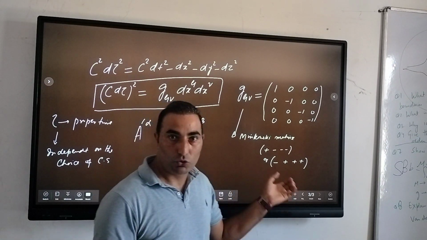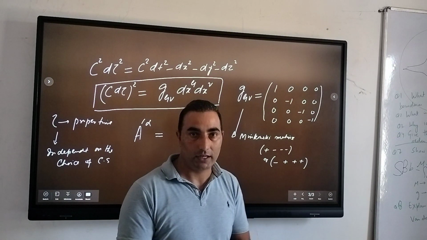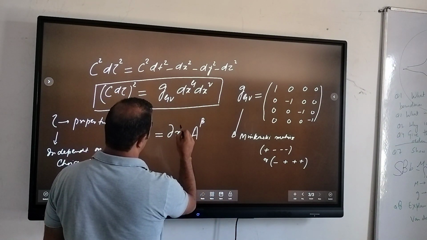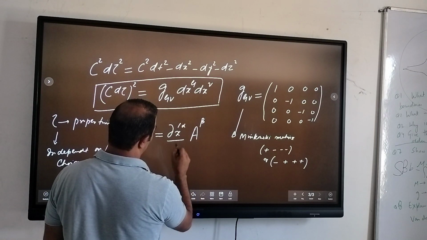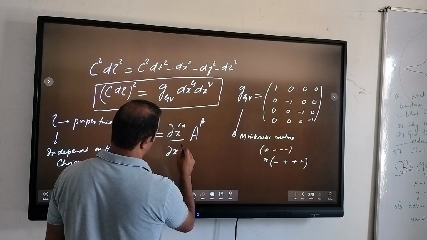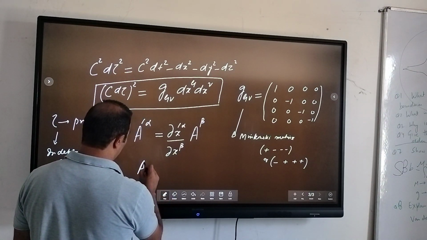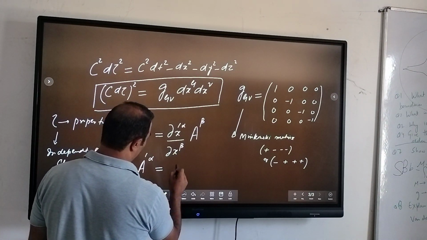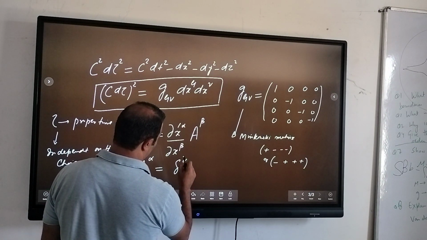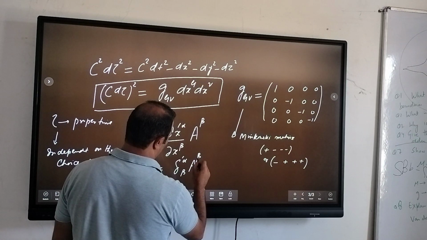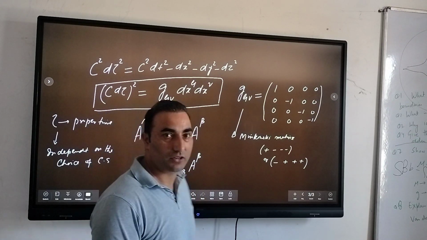So we should have some transformation matrix, right? And that transformation matrix will be this. Or you can write this as this. So this is how it gets transformed.